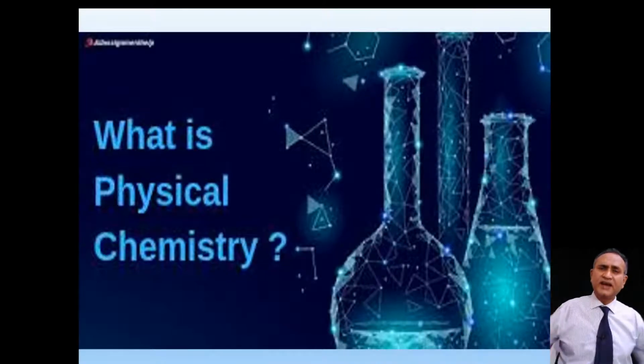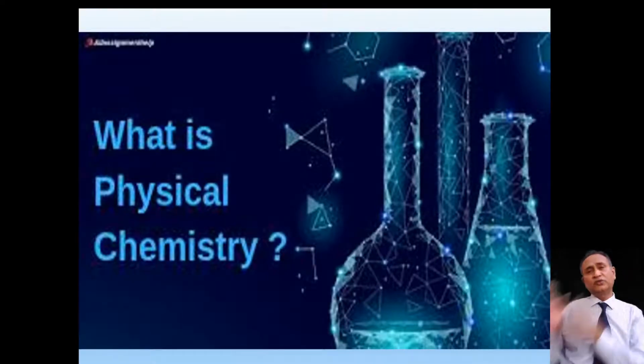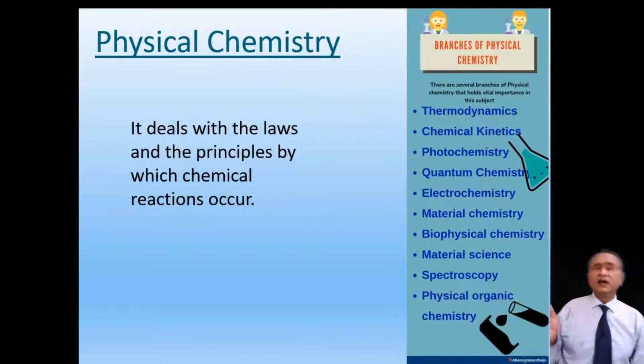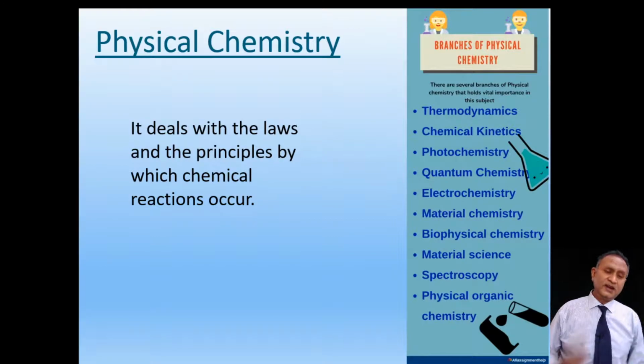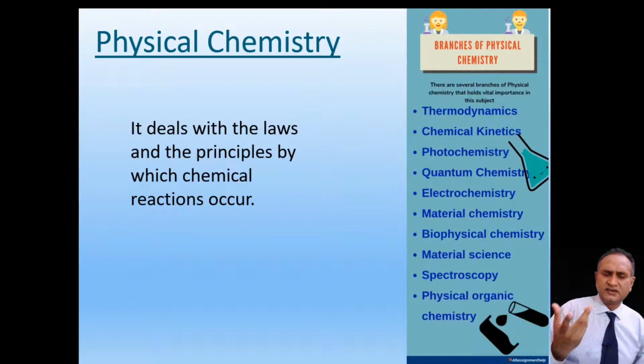So when atoms combine together to form compounds, they follow certain rules and regulations. Those rules and regulations can be studied in physical chemistry. So what is physical chemistry? It deals with the laws and principles by which a chemical reaction occurs.